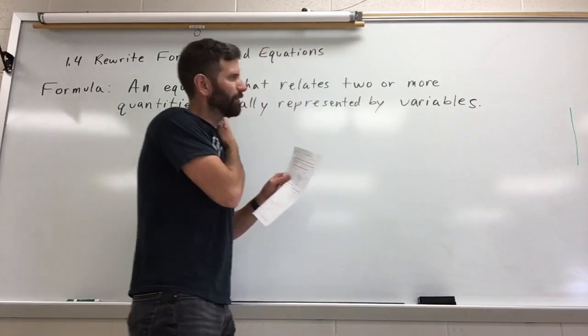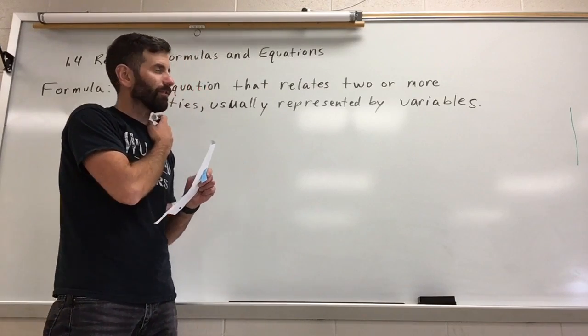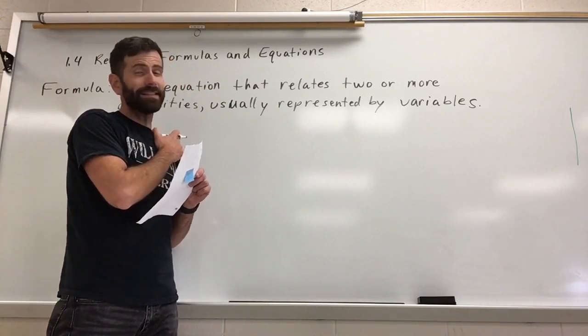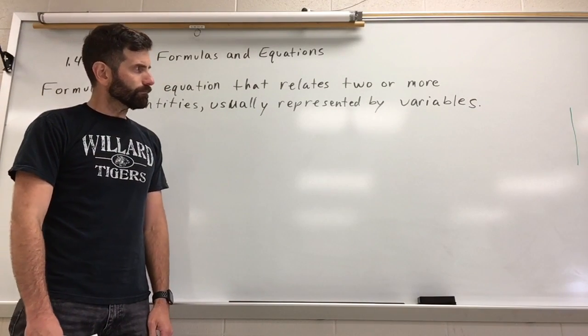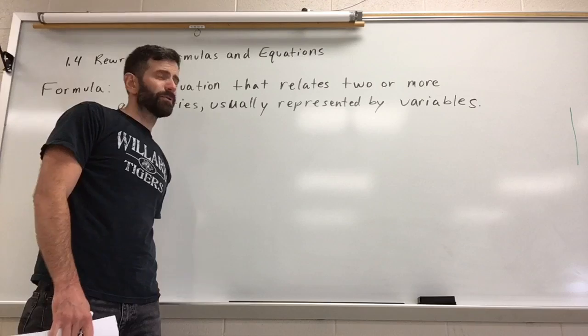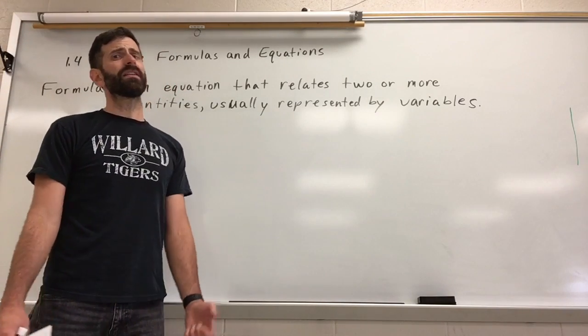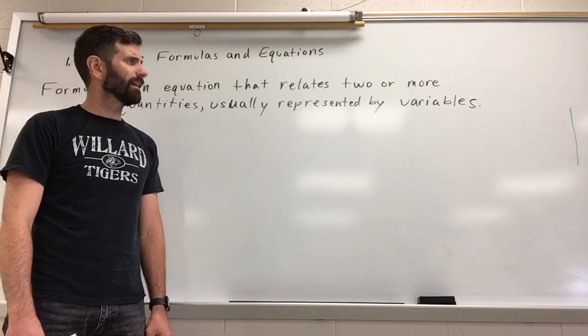And I'm sure you can think of quite a few formulas, and there are a lot of formulas that are very straightforward. Distance equals rate times time. There's a lot of geometry formulas that you learned last year. Area equals length times width, or area equals base times height, depending on how you want to look at it.